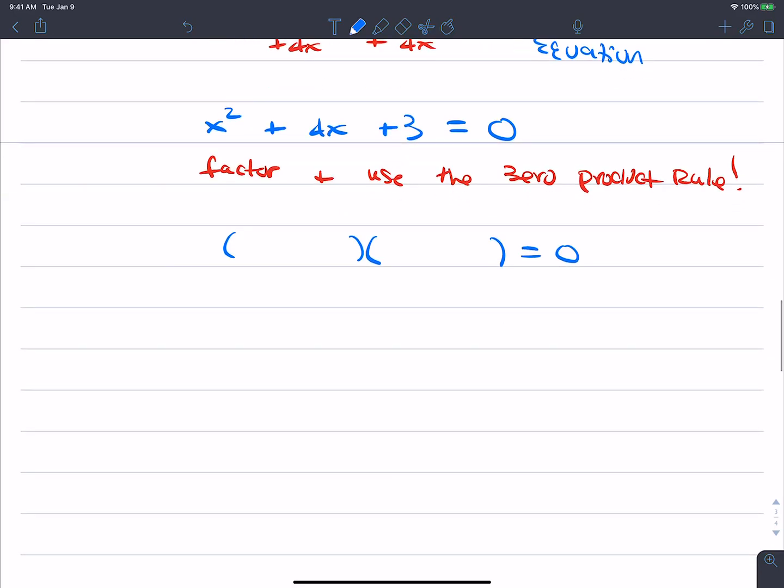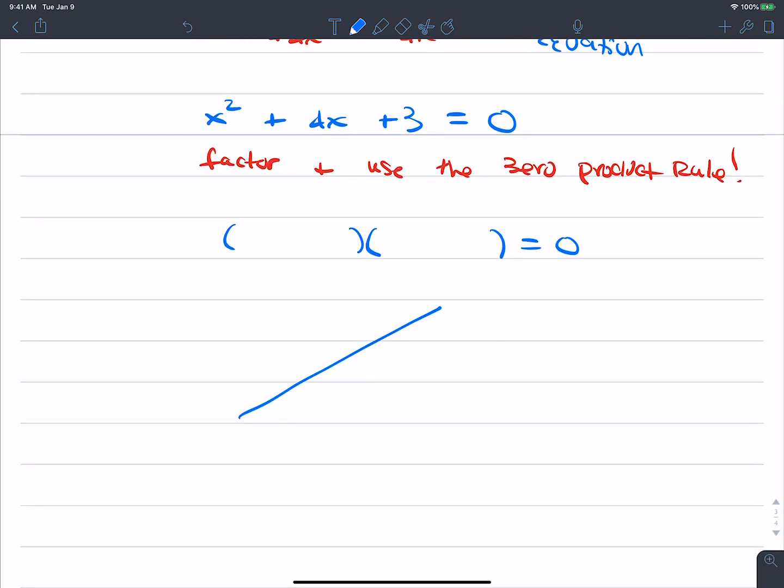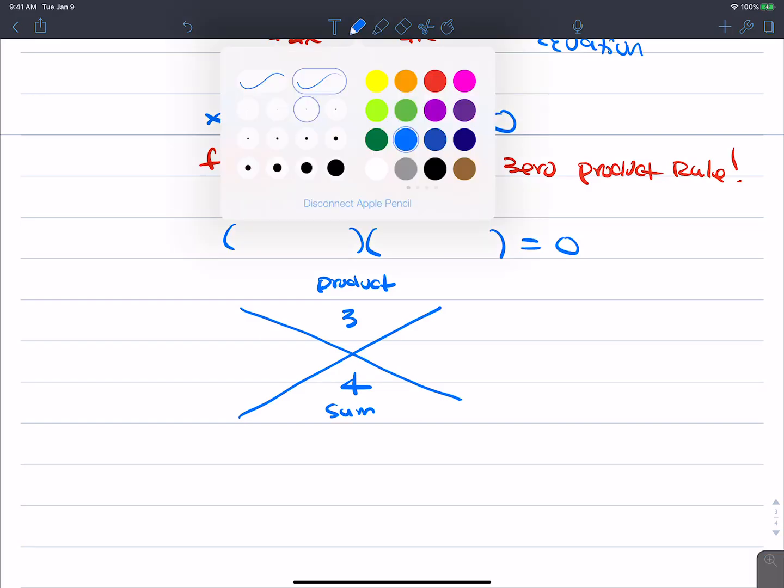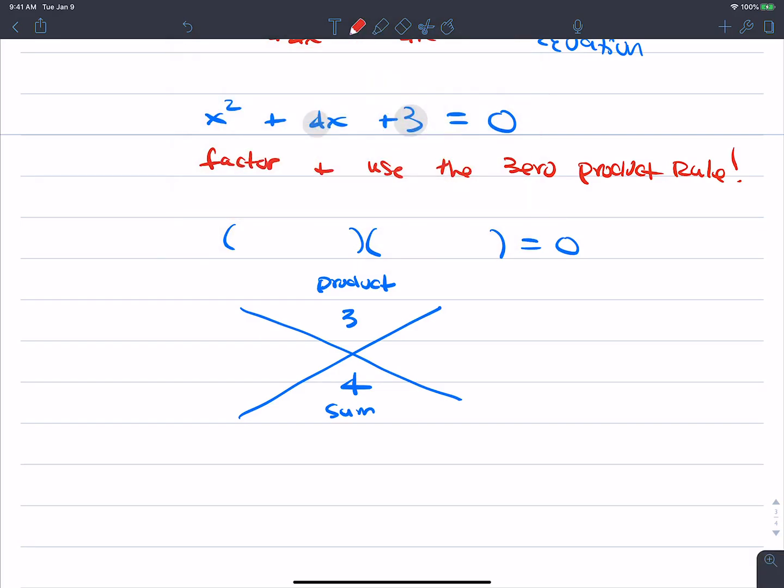Some of you can use the chicken soup recipe, or those directly out of high school say, I want my product here to be 3 and my sum to be 4. Product has to be that number, sum has to be this number. What two numbers satisfy this requirement?